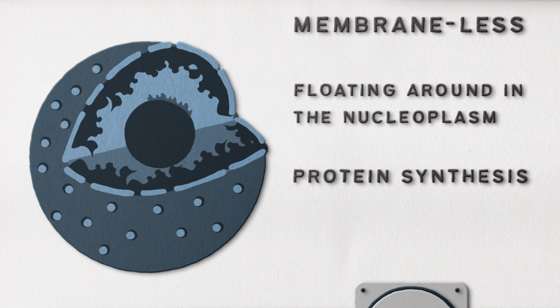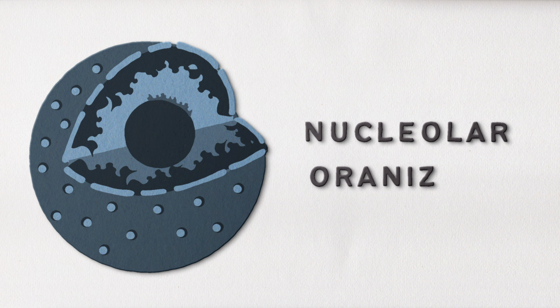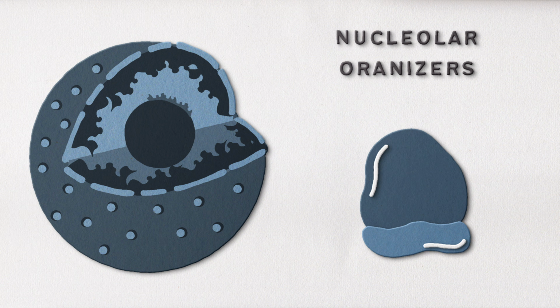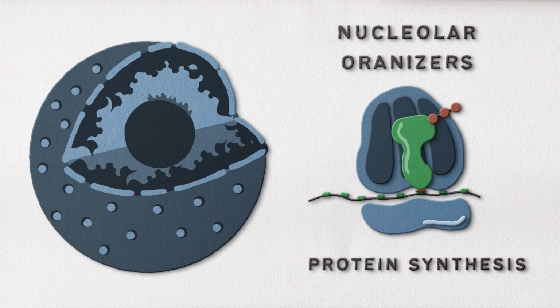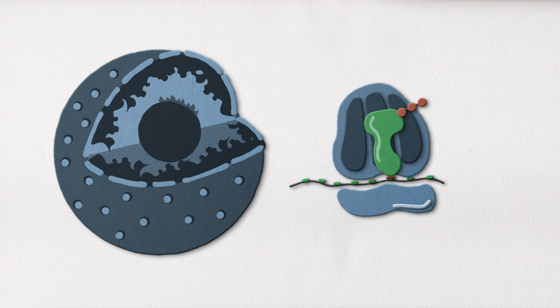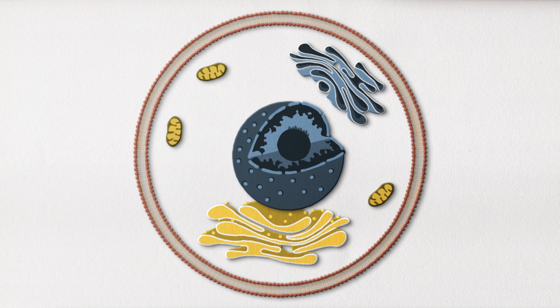The nucleolus, which stores proteins and RNA inside, has features called nucleolar organizers that are integral for creating ribosomes during the process of protein synthesis. Ribosomes are formed during protein synthesis, and then, when the cell is ready to divide, the nucleolus disappears.